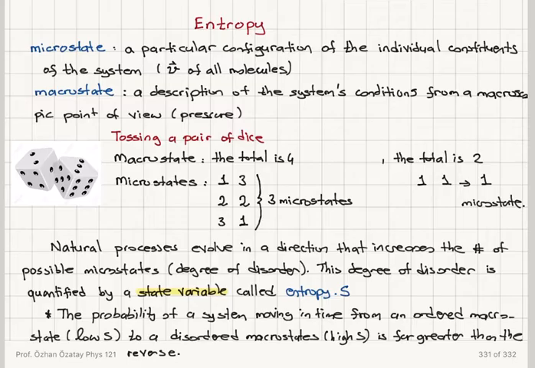And it has to do with the number of microstates corresponding to the state that it will evolve into.